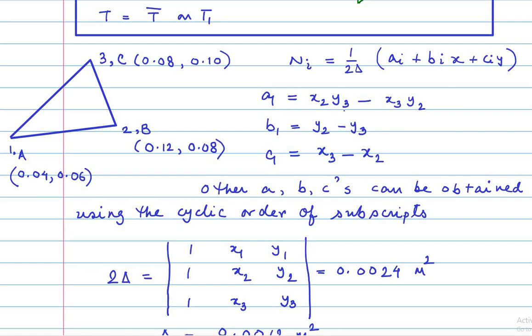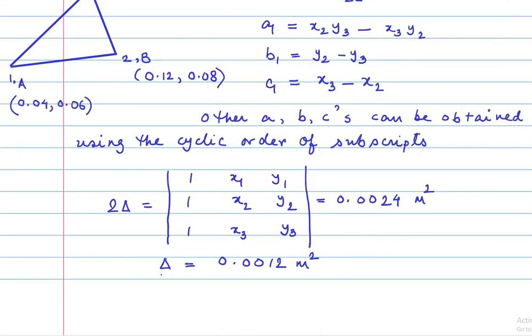And the suffixes change according to cyclic order. That means for A2, this should be x3 y1 minus x1 y3. B2 would be y3 minus y1, and C2 would be x1 minus x3. So this is the area of the triangle.